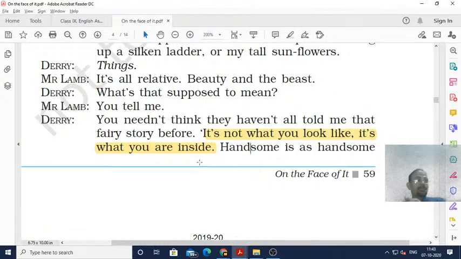You've got to do something handsome to be qualified to be called handsome. So these are the hardcore philosophical statements that other people have also told Derry earlier in order to motivate him, which Derry is reproducing here. Okay.